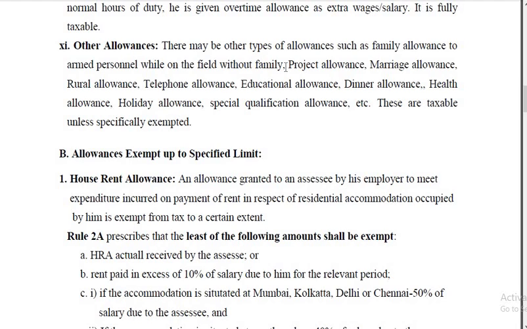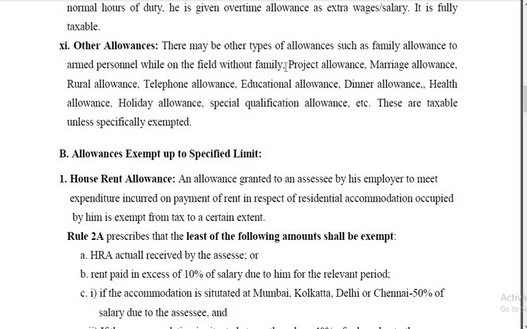Rural allowance: sometimes doctors or other employees may resist going to rural areas because there may not be enough facilities for themselves or for the children, so to compensate them, rural allowance might be given. Then telephone allowance, educational allowance, dinner allowance, health allowance, holiday allowance, special qualification allowance.